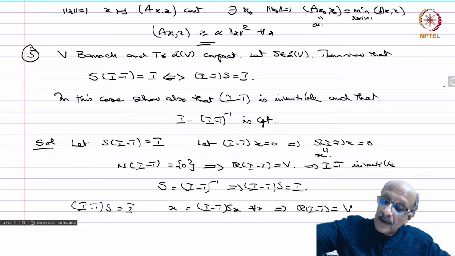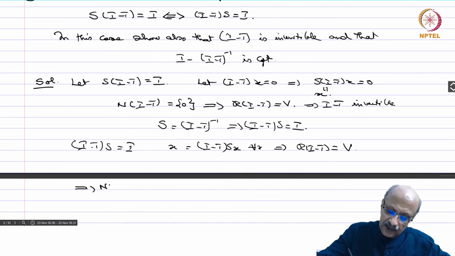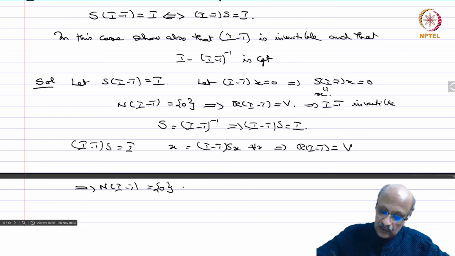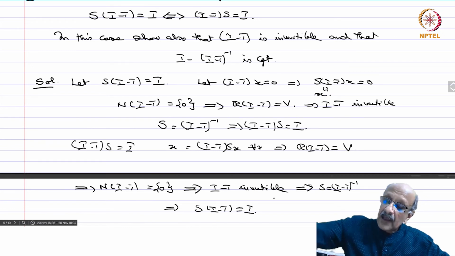And therefore the null space of I minus T has to be 0, since one-one if and only if onto, because T is compact, and therefore this implies one-one, onto, continuous by the open mapping theorem. This means invertible, implies S equals (I minus T) inverse, and that implies that S(I minus T) equals identity.